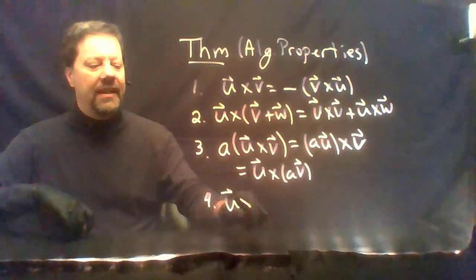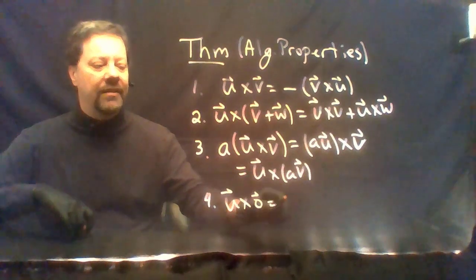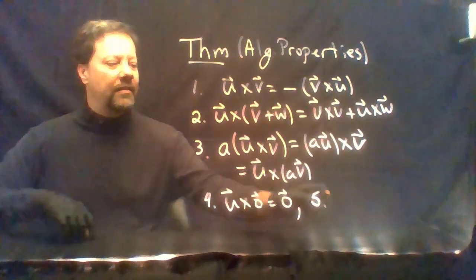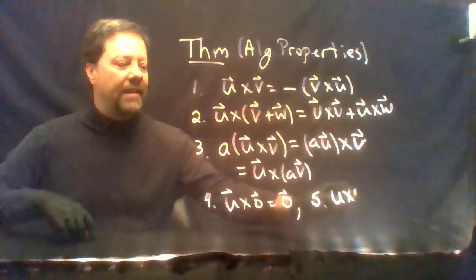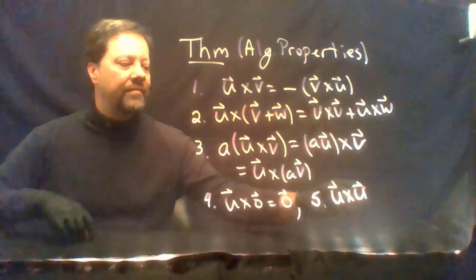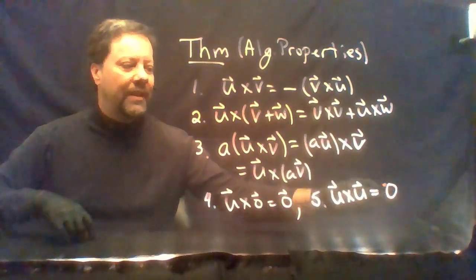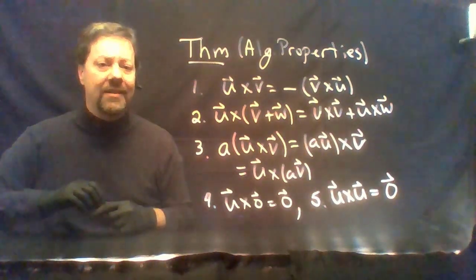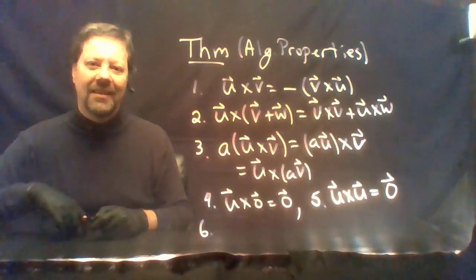If you cross any vector with the zero vector, you will get the zero vector. If you cross any vector with itself, you will get the zero vector. Make sure you write that as a zero vector.